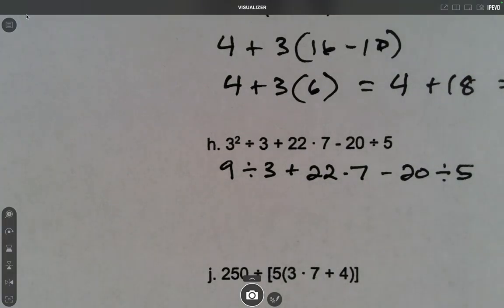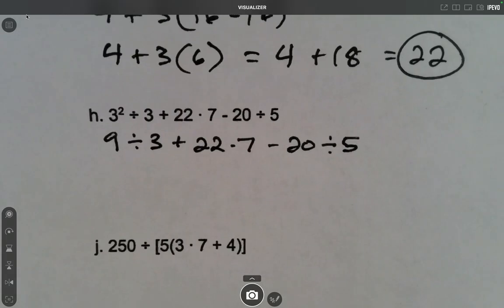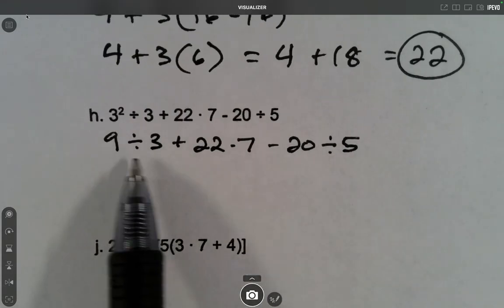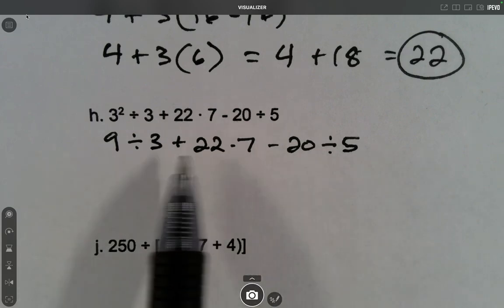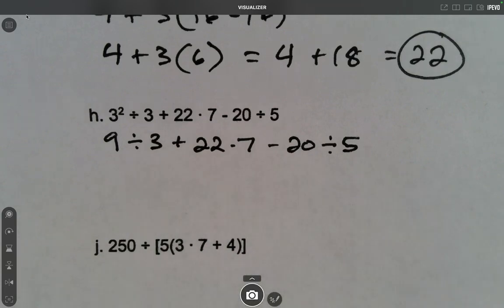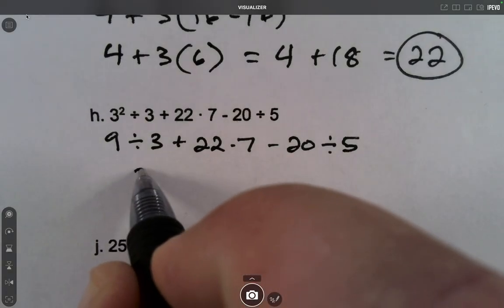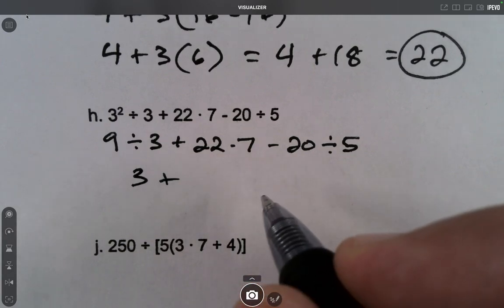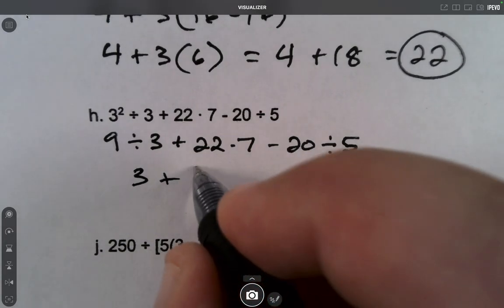So we completed step 1. There were no parentheses. We completed step 2, which is the exponent. So we have division and multiplication things going on here. So those are our next priority, but we've got to do them from left to right. So I'll start by saying 9 divided by 3 is 3. 22 times 7 is 154.